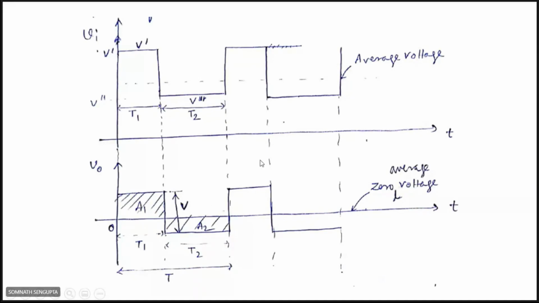Another thing to notice: if there is a sudden change in the input voltage by some amount, then at the output also there will be that much change. If the input voltage changes from V dash to V double dash by amount V, at the output also the same change will occur.